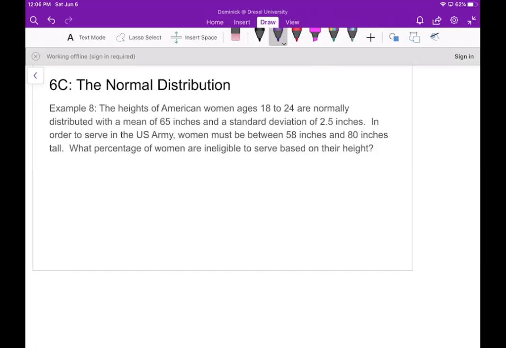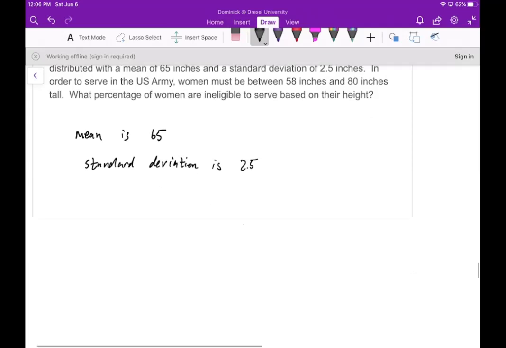Well, let's go ahead, and this is going to be another z-score. The mean is 65, and the standard deviation is 2.5. So what's the z-score for 58?